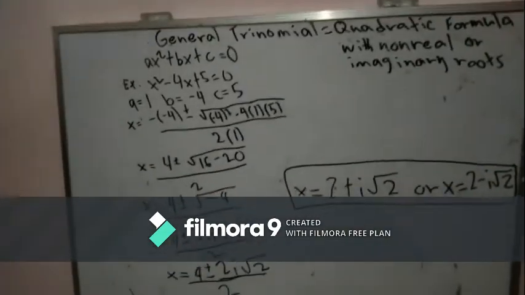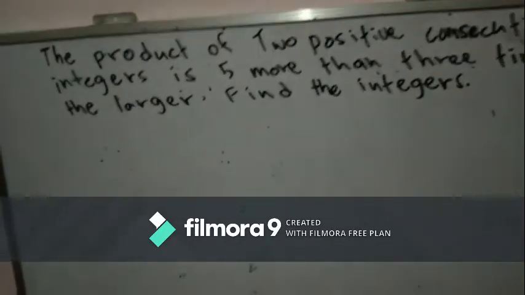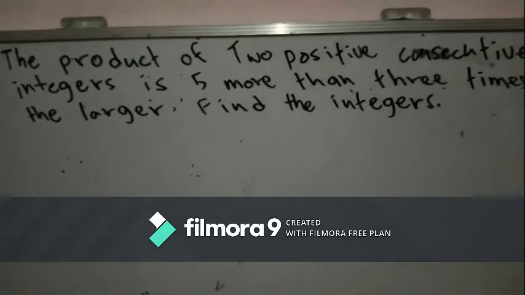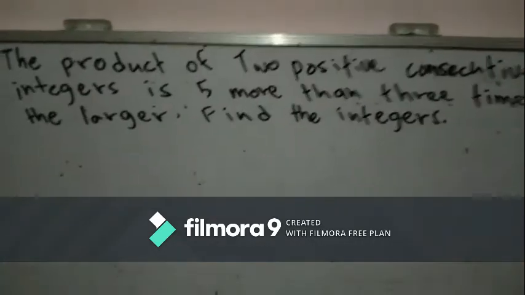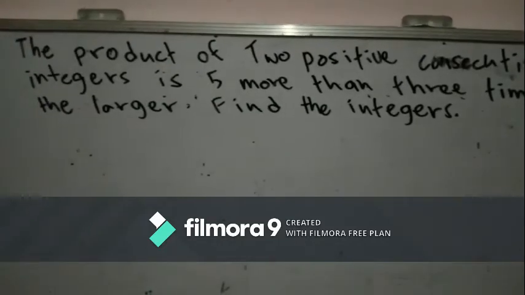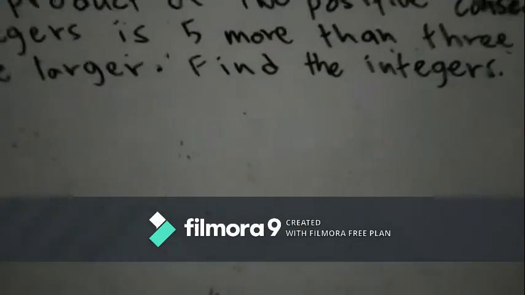It's a long equation. The last topic that I will teach you in this video is the word problem using a quadratic equation. So in this problem, it says that the product of two positive consecutive integers is 5 more than 3 times the larger. Find the integers.